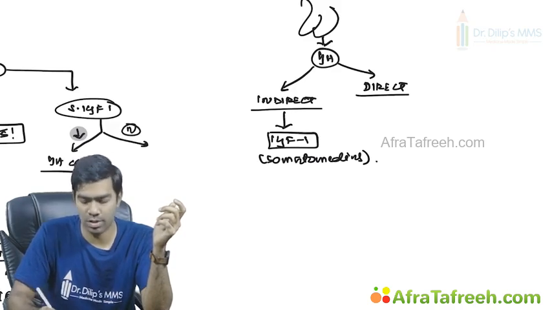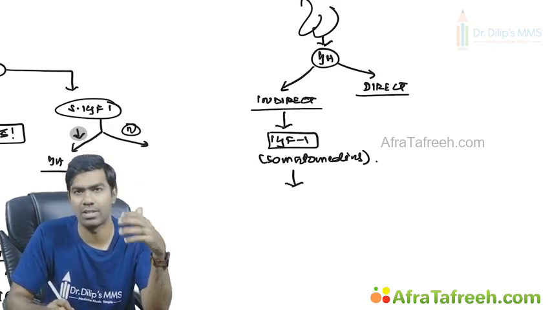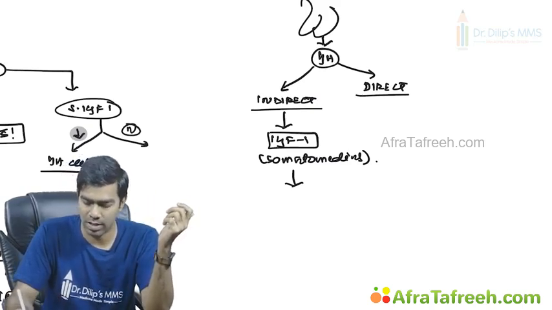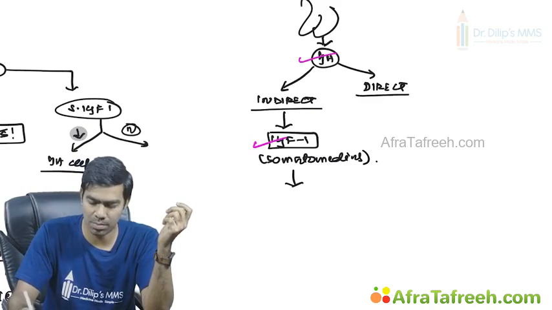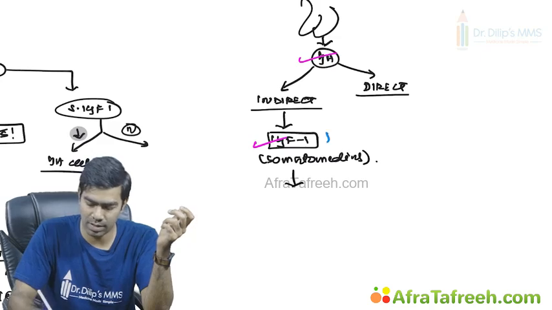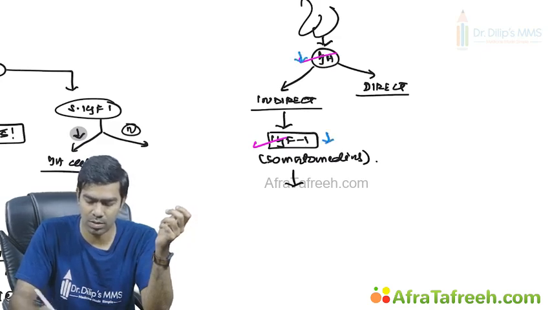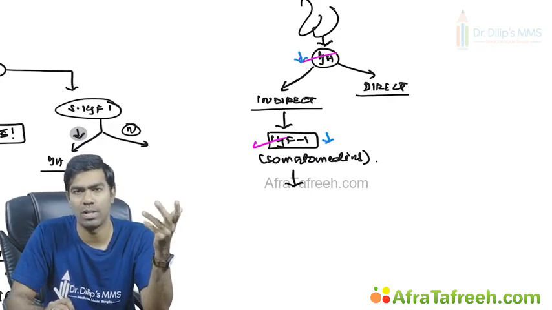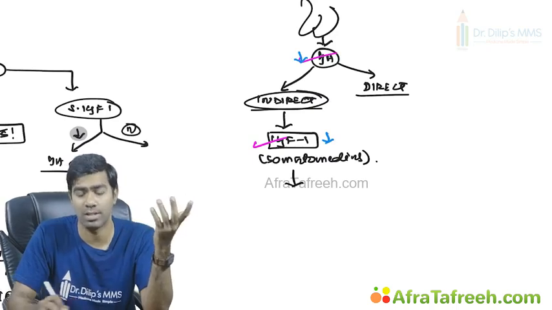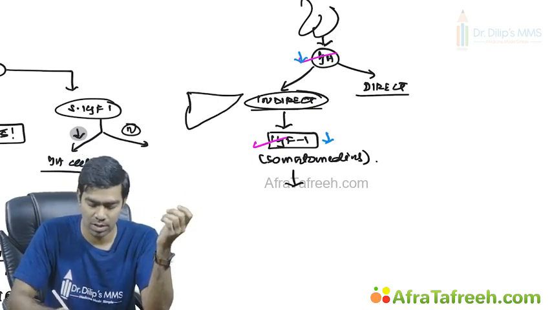Through the somatomedins only, they exert a lot of indirect effects, like many growth effects are exerted through the somatomedins only. So that is why IGF-1 is also a marker of how much growth hormone is there. Whenever IGF-1 levels are reduced, it means growth hormone levels also should be reduced. Remember, one of the important organs that produces IGF-1 is the liver.